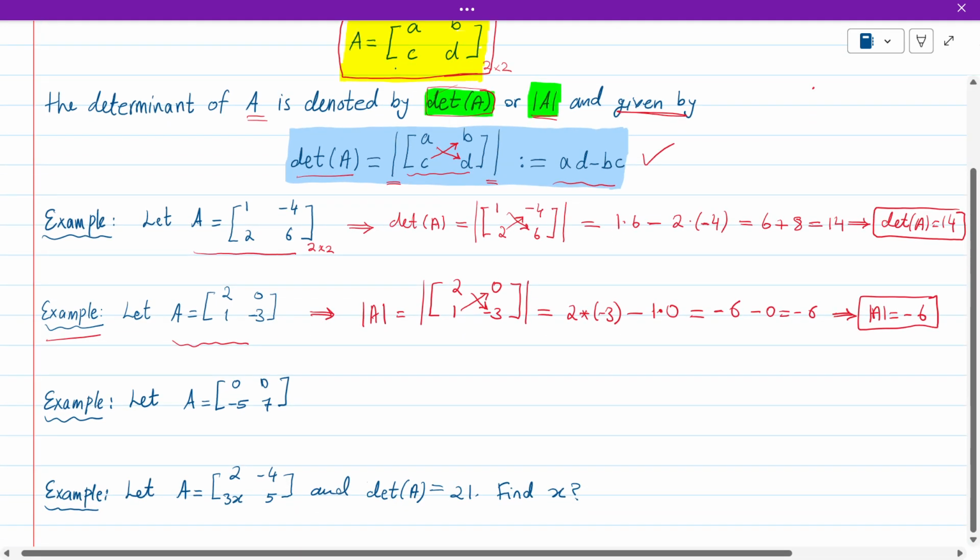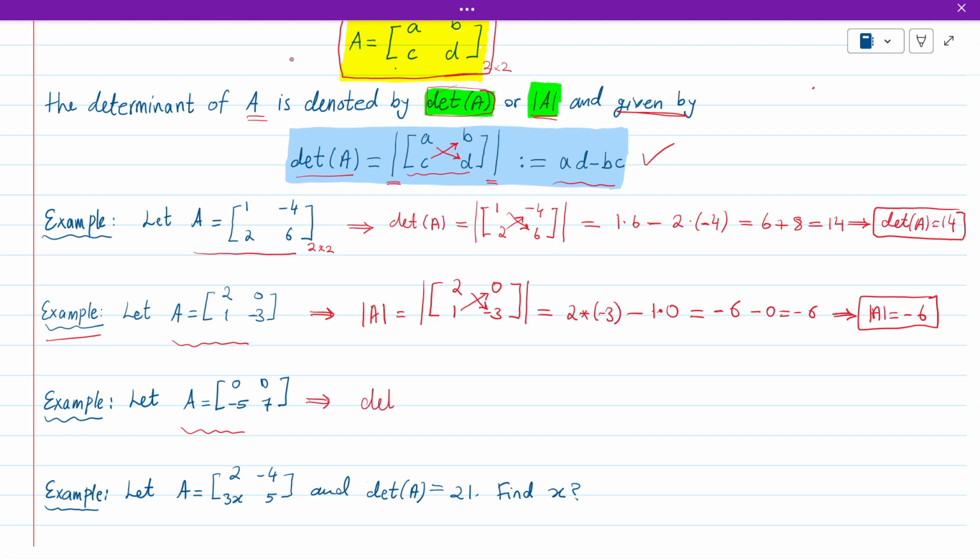Okay, now third example, we have this matrix A. We want to find a determinant. Again, I would prefer to write det A, which is quick. I don't want to write the two lines all the time, although I can do it. I can quickly write the determinant, which is 0 times 7 minus (-5) times 0.